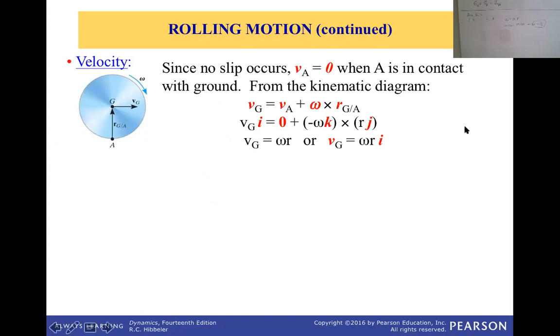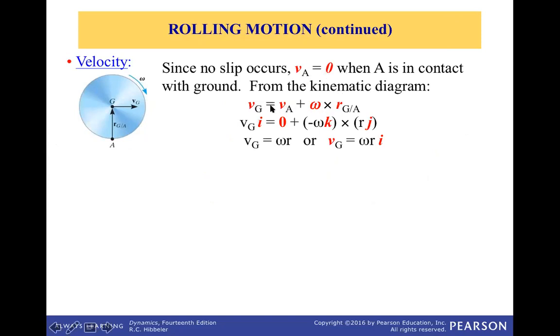So point A has 0 velocity. Then you can set up the relative motion equation for velocity. This is the one you can have. And then you can put it in vector form, so you'll be doing the I component and J component.